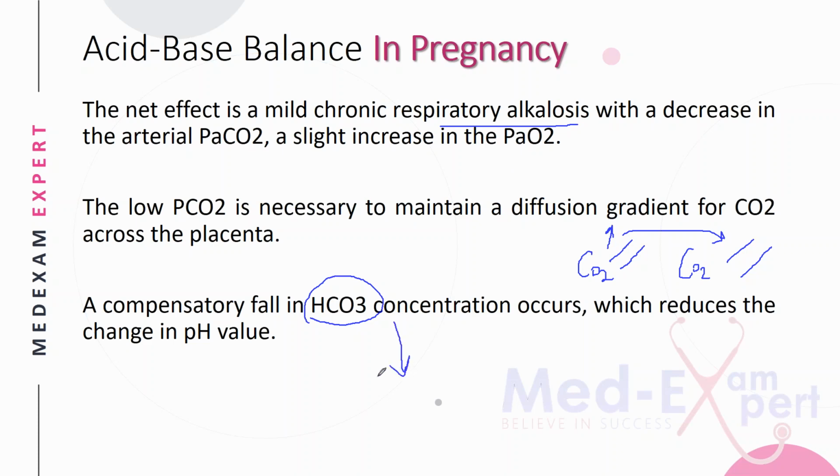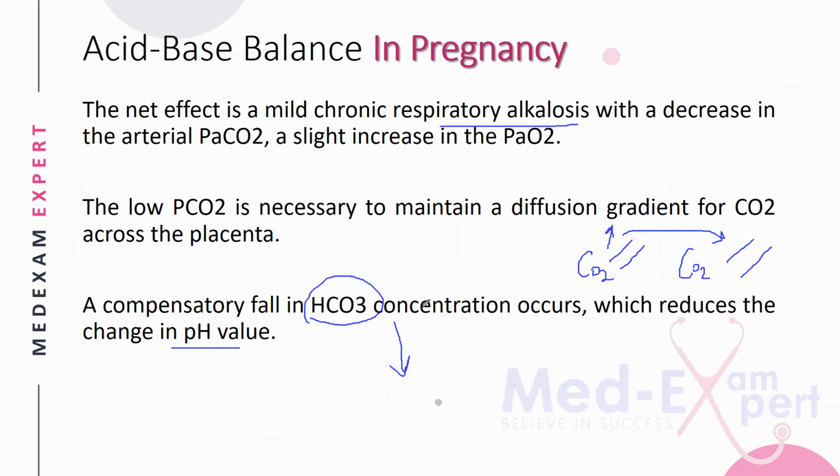So the metabolic system will decrease the bicarb level in an attempt to reduce this change in the pH value. But still, the net result is a slight respiratory alkalosis, a degree which we cannot consider pathological. It's physiological and has no medical consequences on the mother.